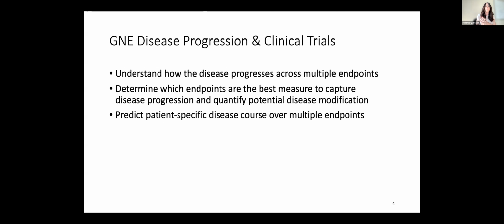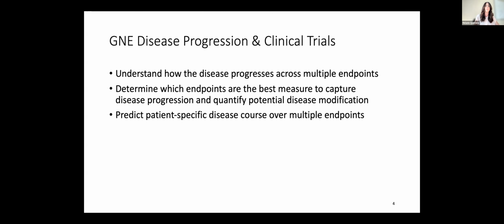So our goals really were sort of threefold. These are our main goals: first, just understand the disease. How does that disease progress across multiple endpoints, mostly the muscle scores? And then once we had a good understanding of this, determine which of these endpoints would be best to capture disease progression and ultimately to quantify potential disease modification due to a treatment.